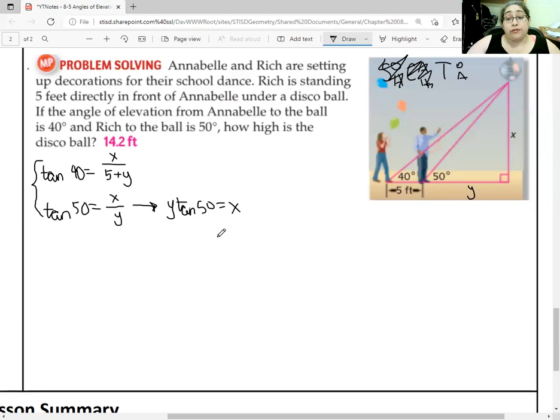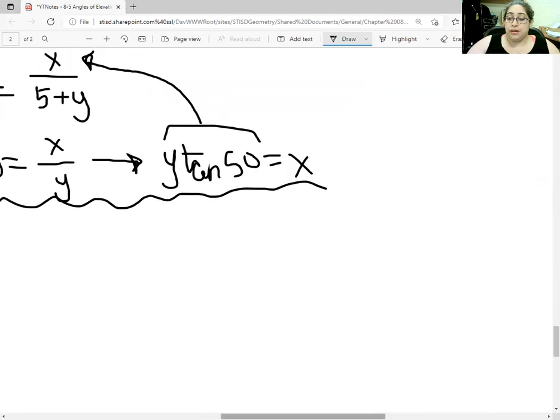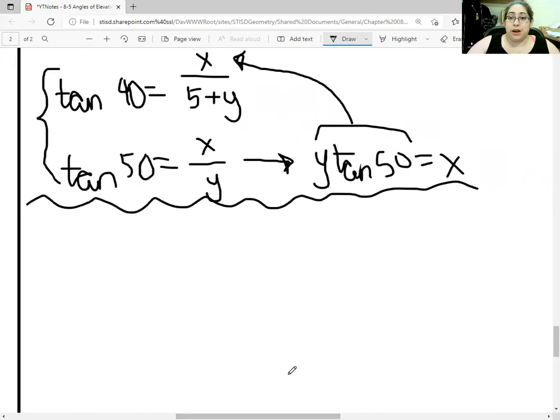Now that I know a value for x, I can take this piece right here and substitute it for x in this equation over here. Now this looks like it's going to be a hot mess, but bear with me. Let's go ahead and see how this works. I'm going to zoom in nice and tight so that I can see what I'm writing. I'm taking that first equation that says tangent of 40 equals x over stuff.